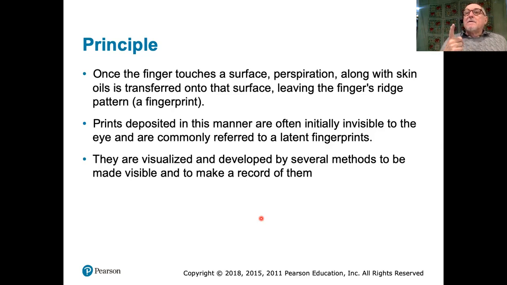A skilled investigator will know likely surfaces and likely places to go and look for fingerprints. They then are visualized by one means or another. We'll see some of the ways in which that's done. And they then have to be recorded. And often we use a combination of actually photographing fingerprints in situ, in place, but then also collecting the fingerprints in a particular way so that they are preserved.